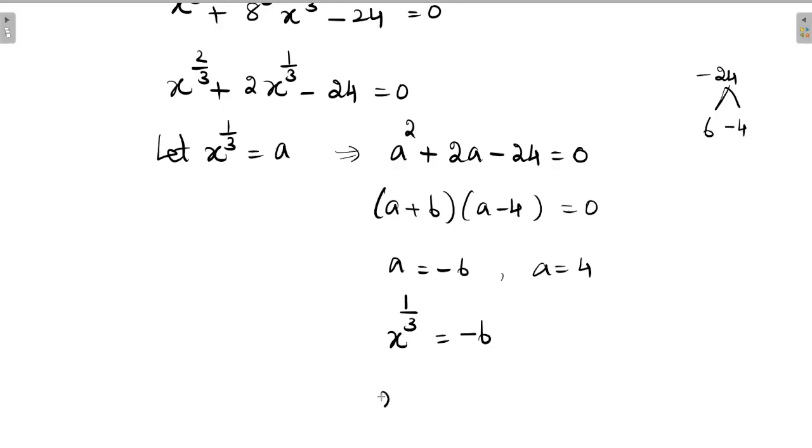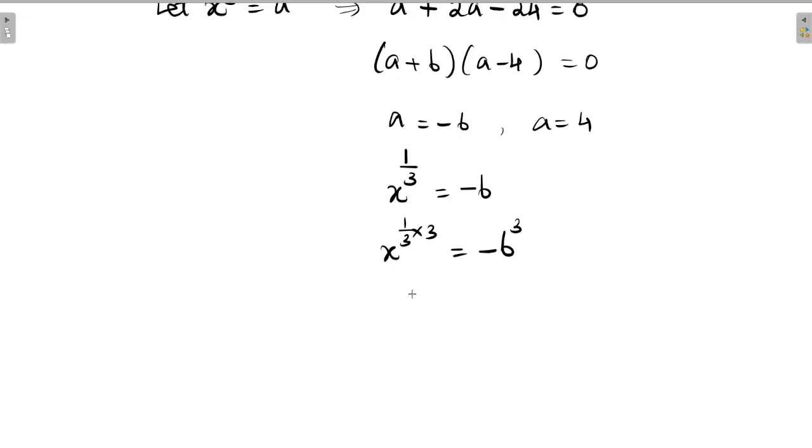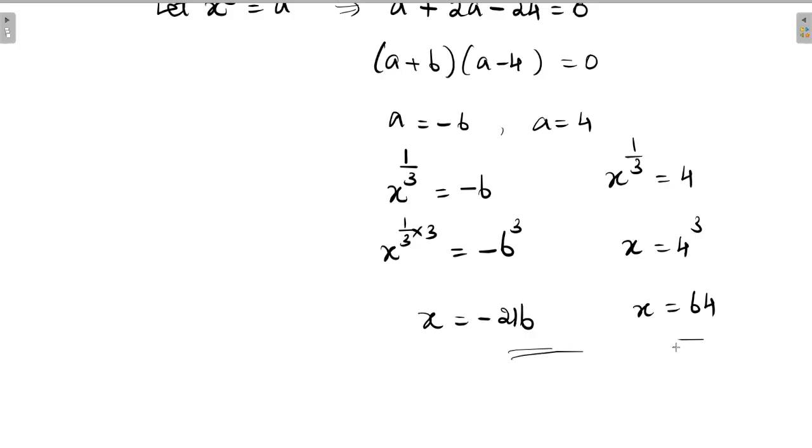So x = (−6)³, which gives x = −216. Here x^(1/3) equals 4. Here also we can take the cube on both sides, so x = 4³, x = 64. These are the possible values of x.